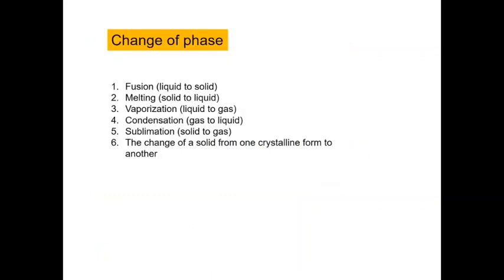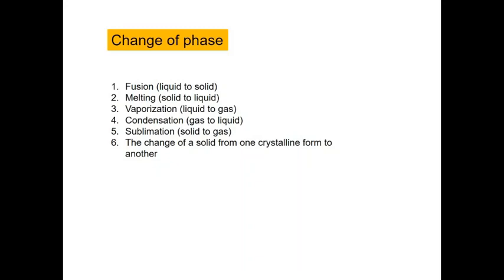Now we are going to talk about the last part of this lecture, which is change of phase. Change of phase means that we have three main different phases of matter. They are liquid, solid, and gas.